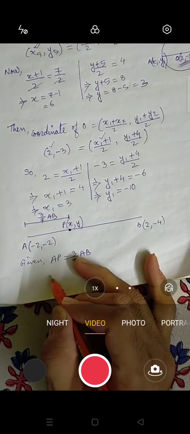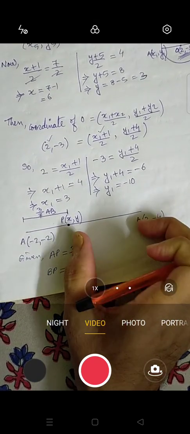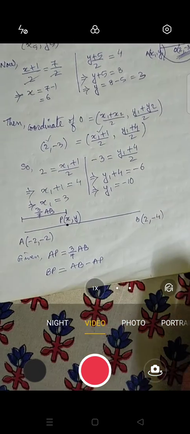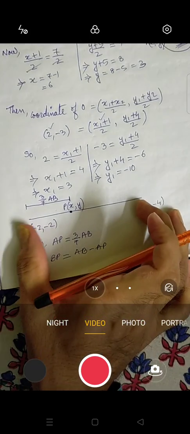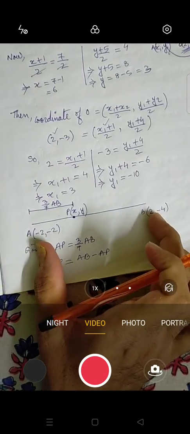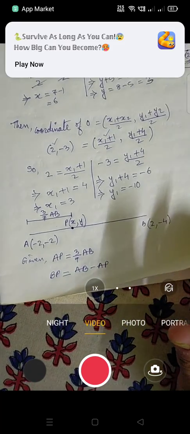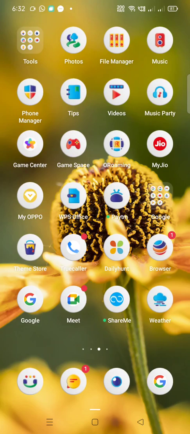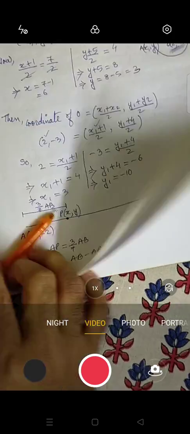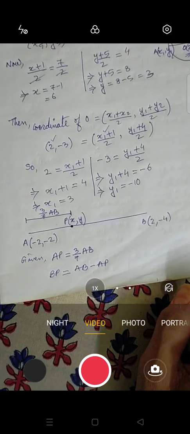So I will write BP. Can I say that this BP, I'll get it as AB minus AP? From this total AB, if I subtract AP, then I will get BP or not? If I remove this portion, we'll be having BP only, correct?